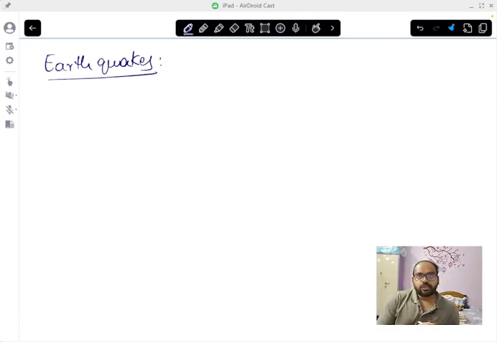So what is an earthquake? When there is a sudden release of energy, the energy travels through a certain medium in the form of waves. Likewise, if I clap, this room is a medium. Most of the room consists of air.